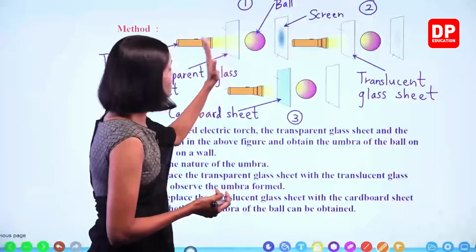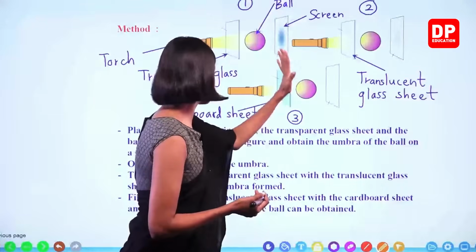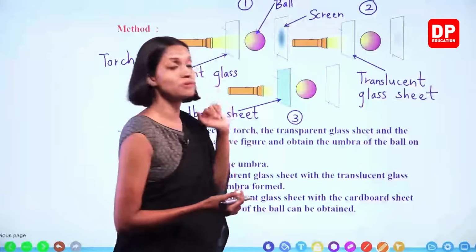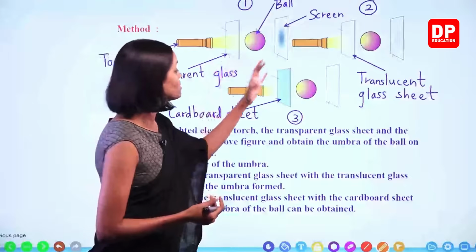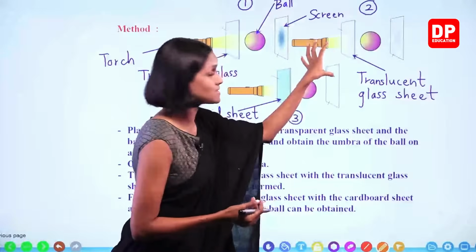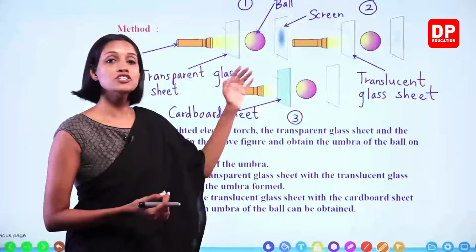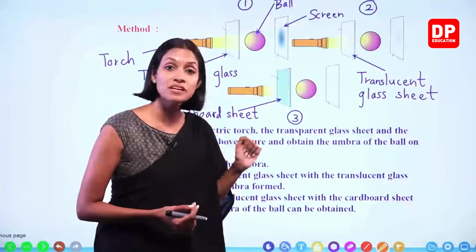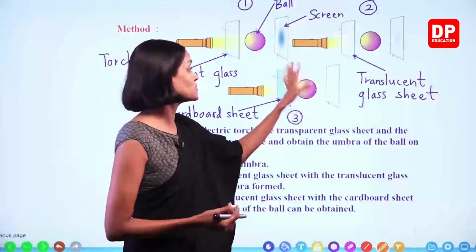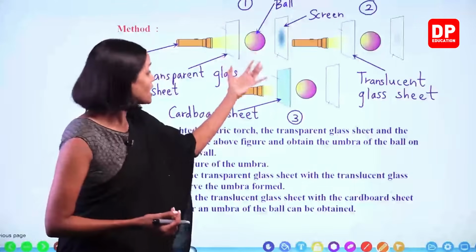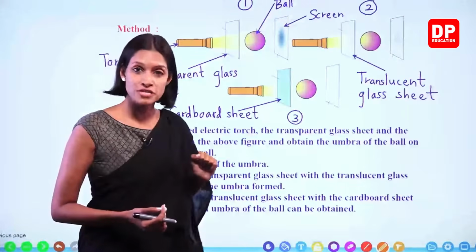The third one, no light reaches the ball because of the cardboard sheet, or the opaque material placed in between, right? So even though the opaque object is there, because it does not get enough light, a shadow is not formed here. So it's very clear that for the formation of shadows, not only the opaque object, but enough light or a source of light also should be present.